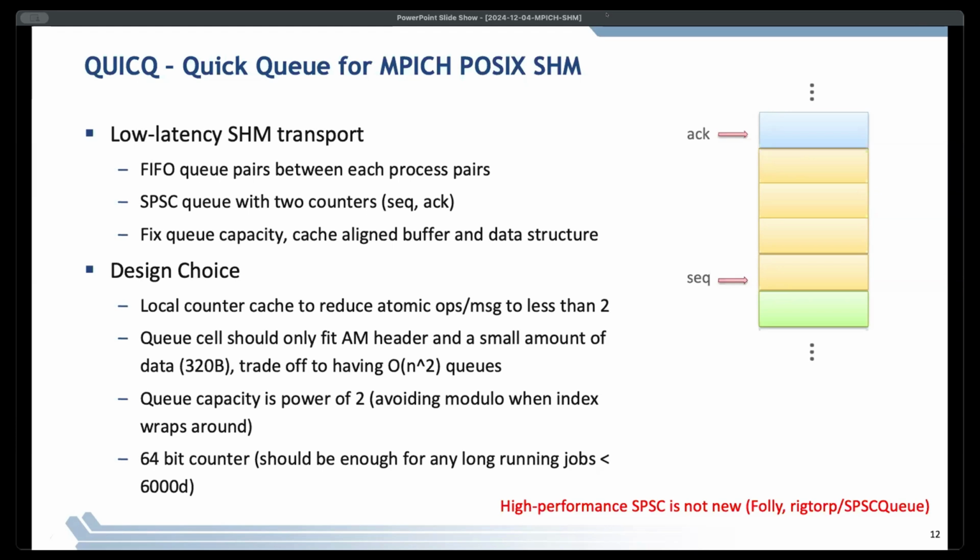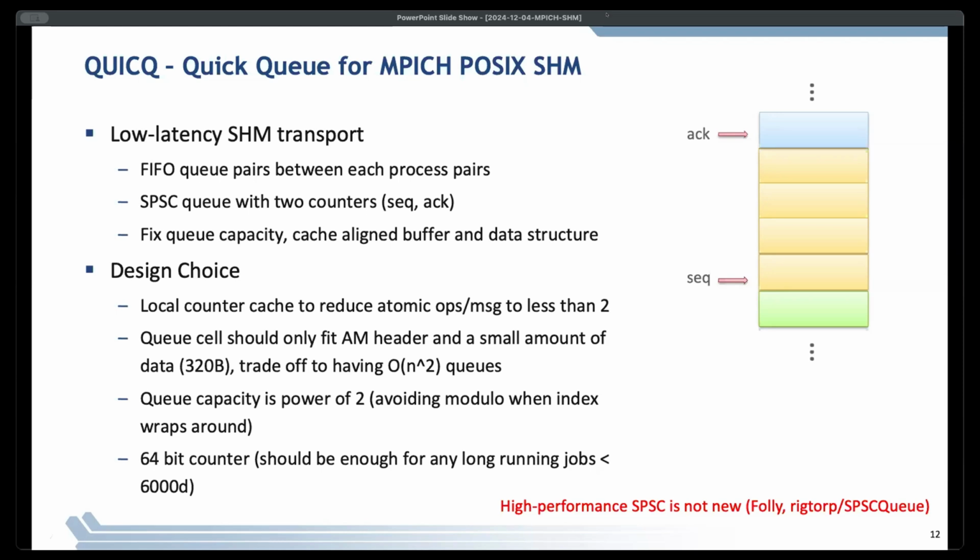So for each process, we create a local counter cache to cache that information, so we can amortize some of the overhead of accessing the ACK and the SEQ. For each send and receive operation, statistically we can have less than 2 accesses if there are enough messages.